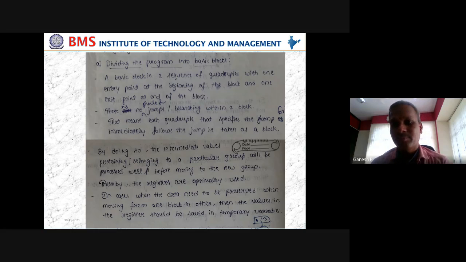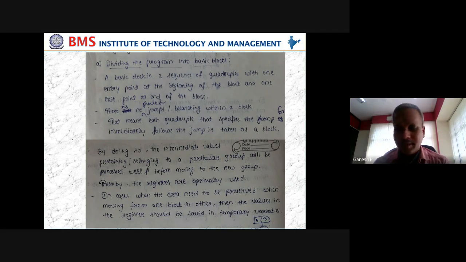That means if there is a jump instruction, or a branching instruction, in a given program, then that needs to be considered as a separate block. That is the meaning here. So the compiler is going to arrange all the quadruples in terms of groups, and each group is going to be called a block with 2 restrictions. What are they?